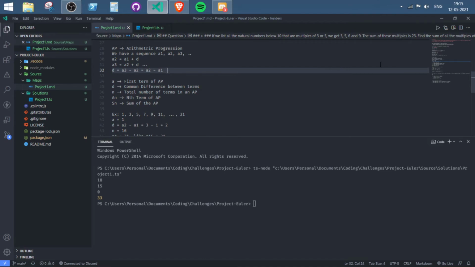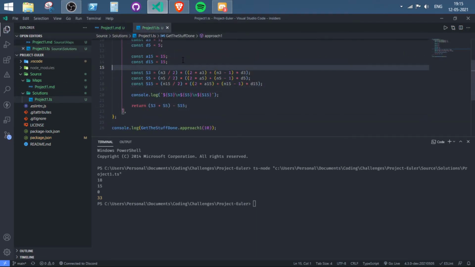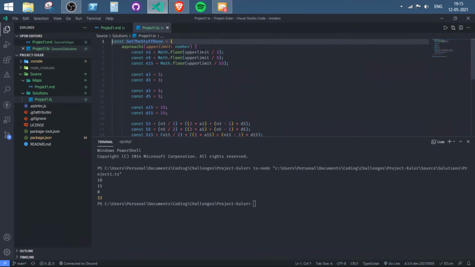It is so damn irritating sometimes. I'm gonna first update, like, upper limit has to be here 21, and in my approach we are gonna have to do it upper limit minus 1.